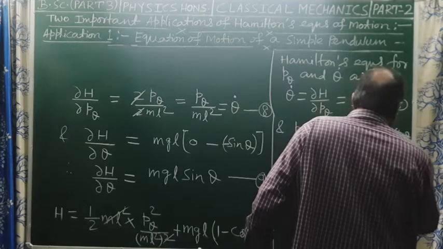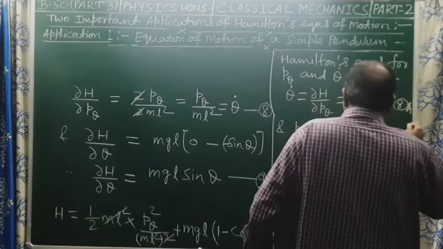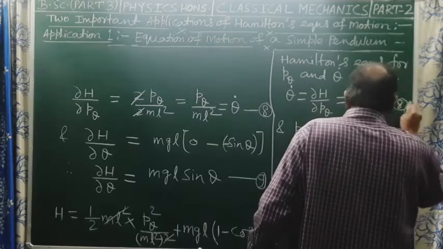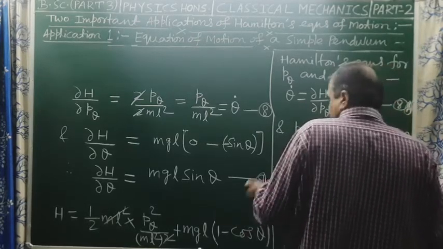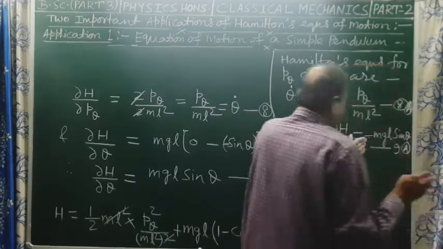This is equation 9a, and the earlier equation is 8a. The above equation 8a is obtained from 8, and 9a is obtained from 9. P theta dot is equal to minus delta H upon delta theta, that is minus mgl sin theta.